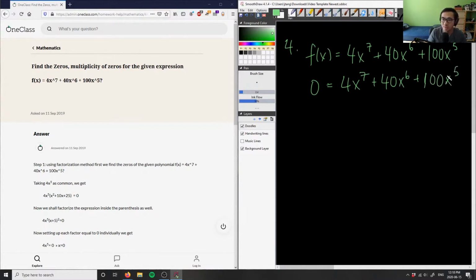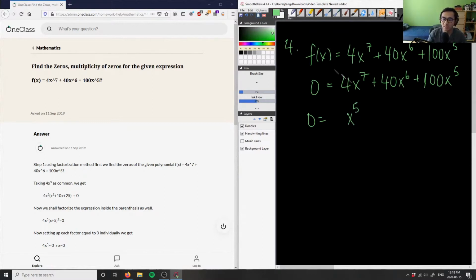And then we can look at these 3 terms. Do we have a common factor? Yes, we do. The common factor here is x, but what is the degree of the common factor? Well, I have x to the power of 7, x to the power of 6, and x to the power of 5, which means I can take out x to the power of 5. I can also take out a number.